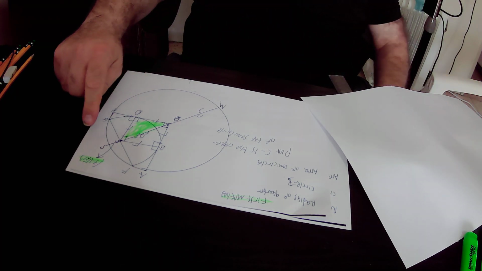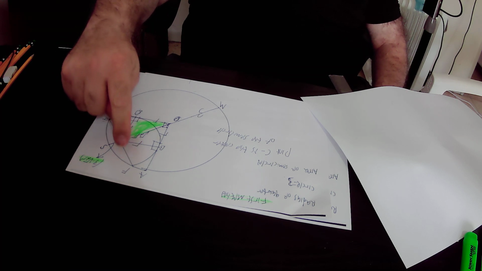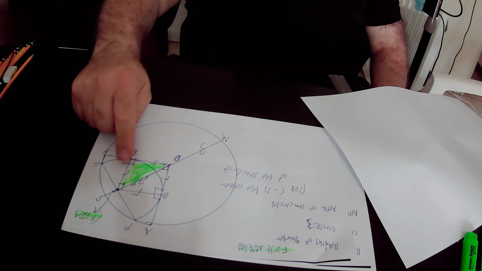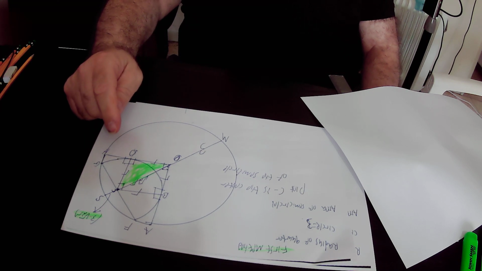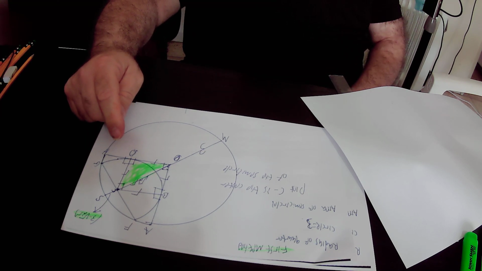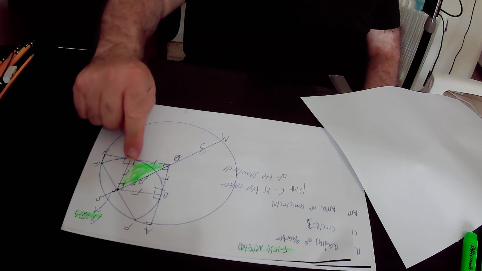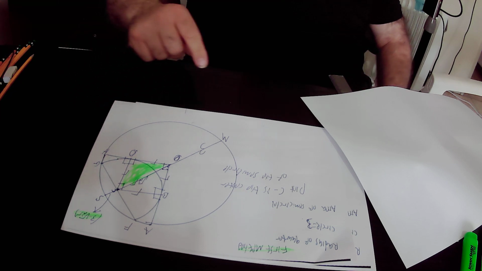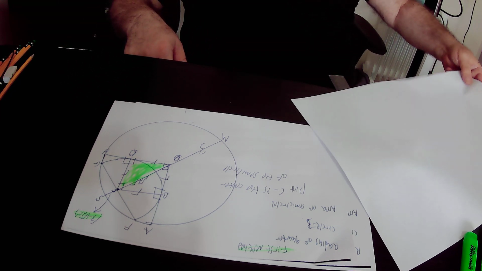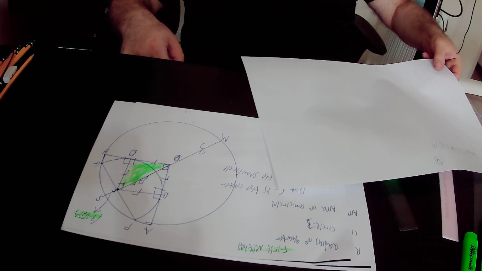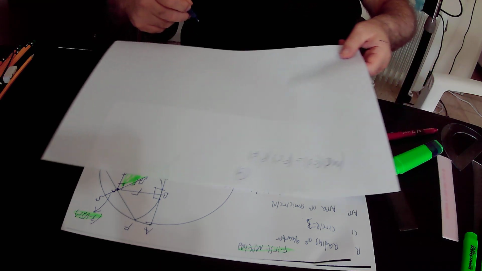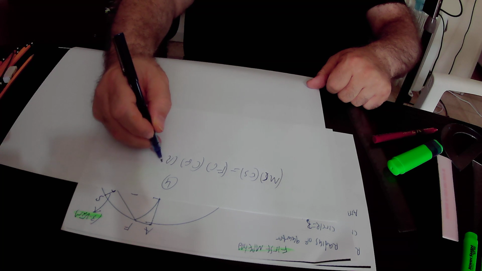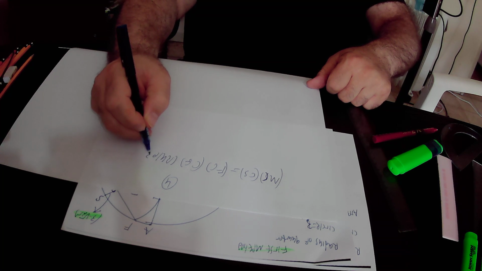Chord MS intersects with chord FG, and the intersection point is at point C. Therefore, according to rule number 3, we will get that MC times CS equals FC times CG. This is true according to rule number 3.